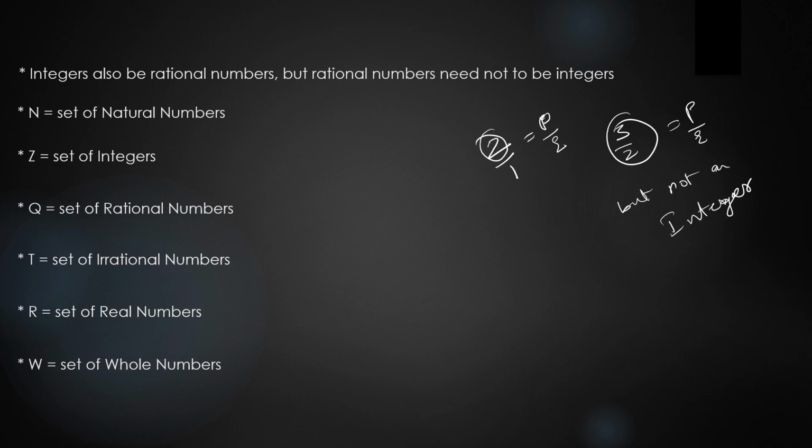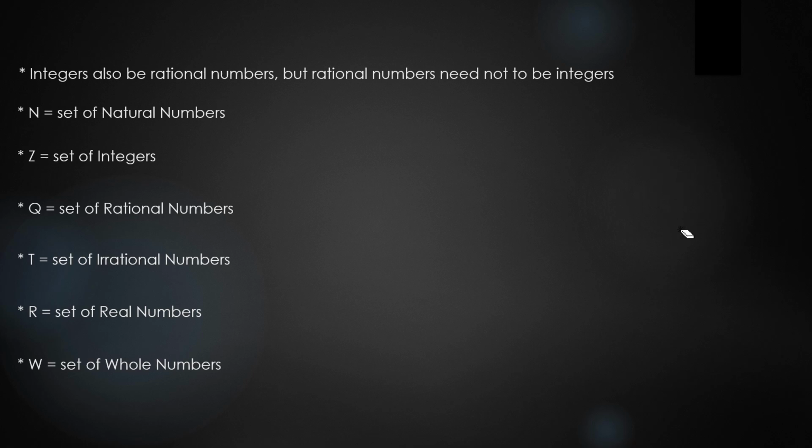And here are a few symbols we use to denote the number systems. What are the denotations? N is the set of natural numbers, that means 1, 2, 3, and so on.